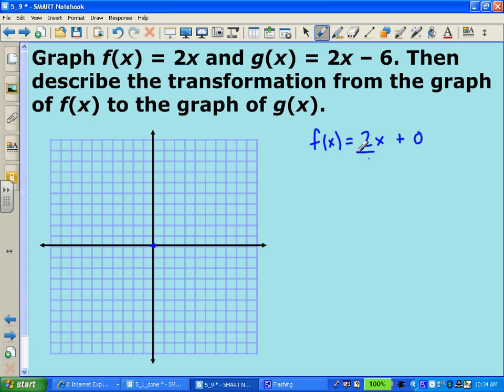And I'm going to go up 2 over 1. And I'm going to do that a couple times just so that I can make sure I have a nice straight line. Okay, and then I'm going to draw that line through there. So there's my line.